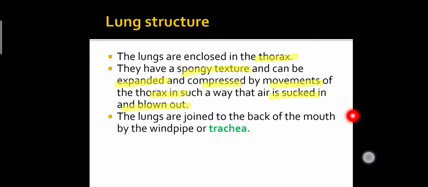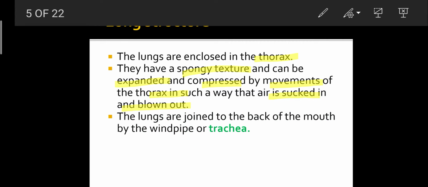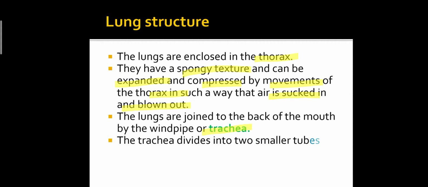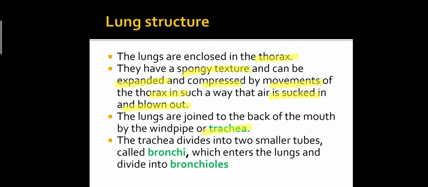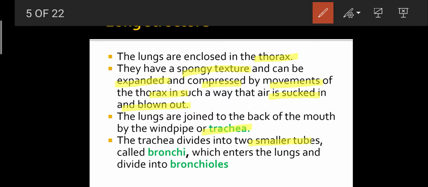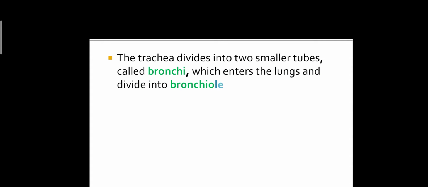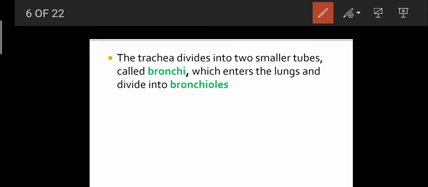The lungs are joined to the back of the mouth by the windpipe or trachea. The trachea is divided into two smaller tubes which are known as bronchi, as we have discussed earlier.